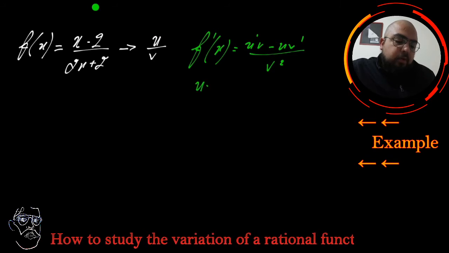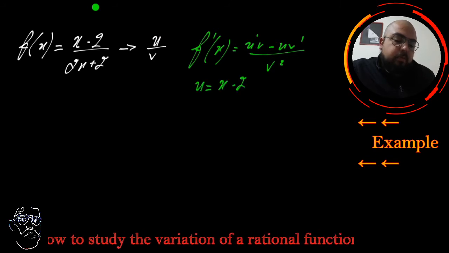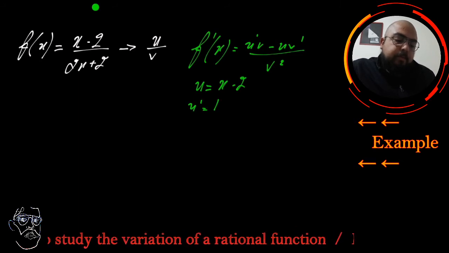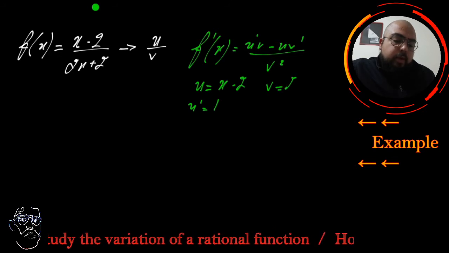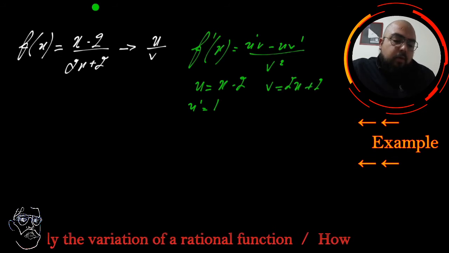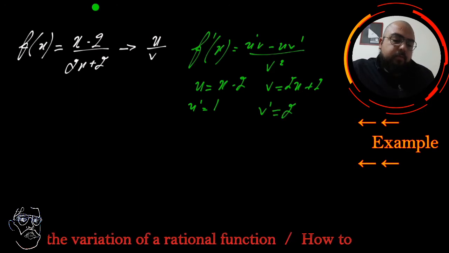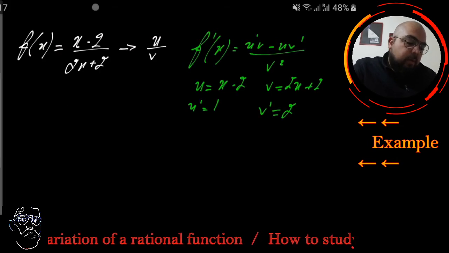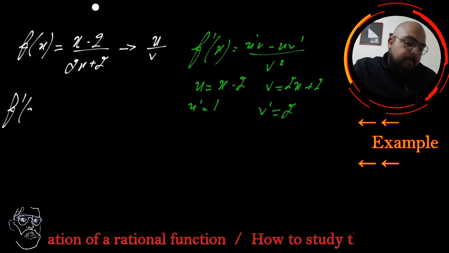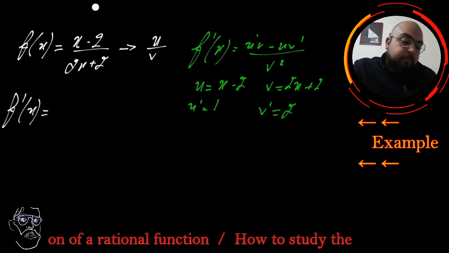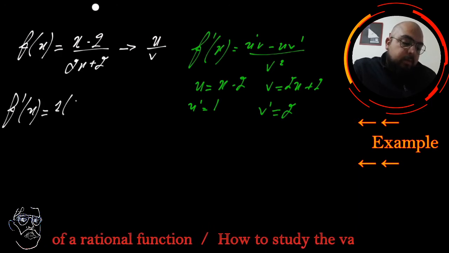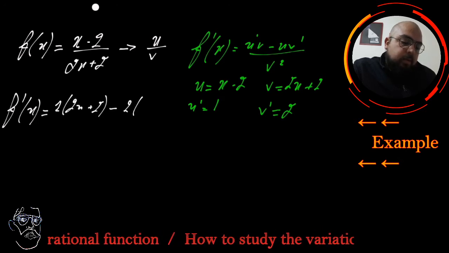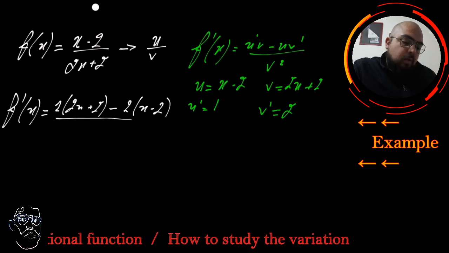Now u is equal to x minus 2, u prime will be equal to 1, v is equal to 2x plus 2, v prime will be equal to 2. So I will have to do derivative f prime of x. F prime of x is equal to 1 times 2x plus 2 minus 2 times x minus 2 over v squared.